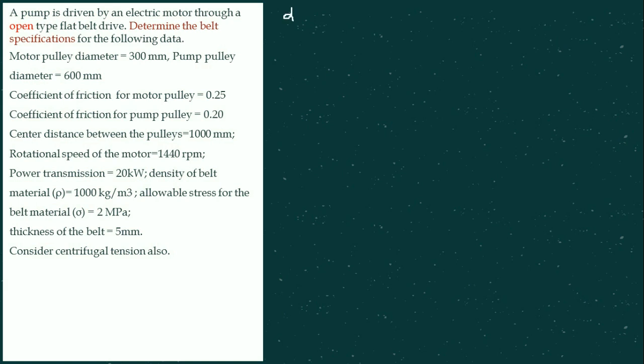Motor pulley diameter, that is D1, is equal to 300 mm. This is with our normal convention. And the pulley on the pump has a diameter D2 equal to 600 mm.